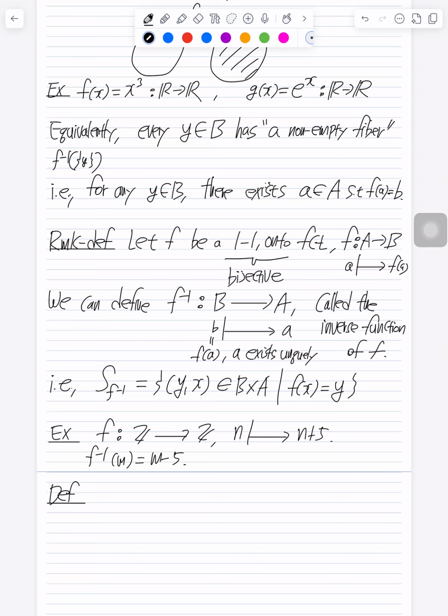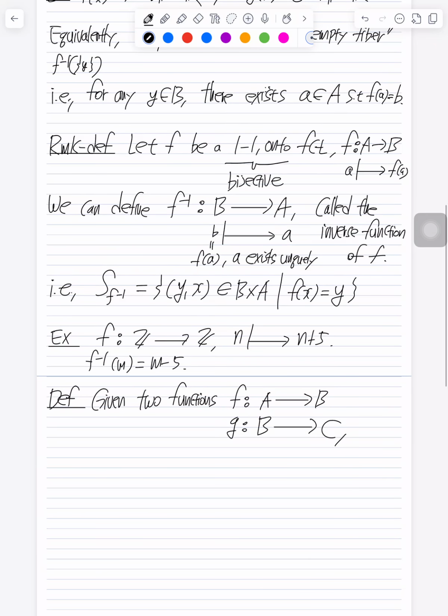Given two functions, say f from A to B and g from B to C, we can define their composition in a very natural way. Define their composition g circle f from A to C.